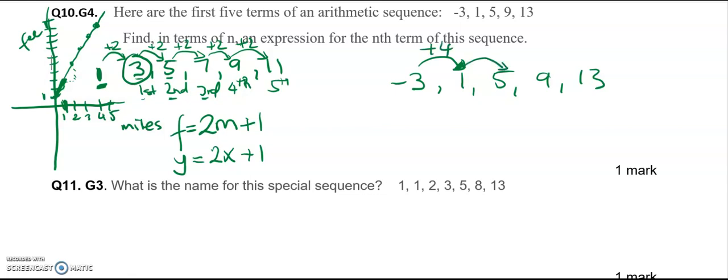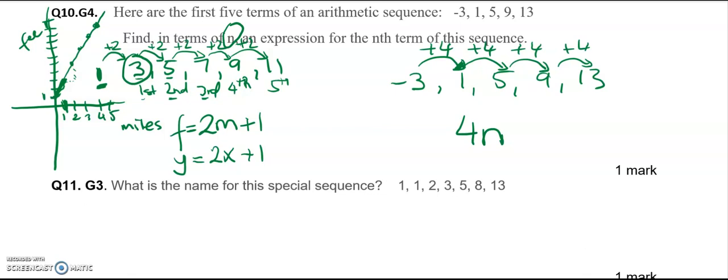From 1 to 5, we add in 4. From 5 to 9, we add in 4. From 9 to 13, we add in 4. So that kind of fee per mile, that constant value is 4. And since we need to express this in terms of n, I'm going to write 4n, not 4m or 4x. So that is 4n.